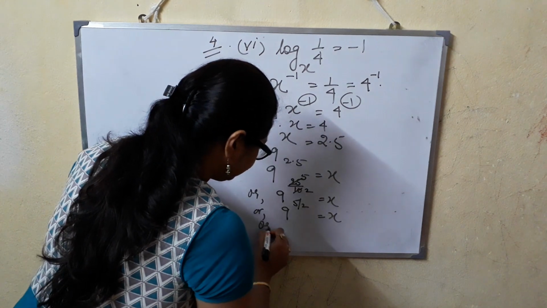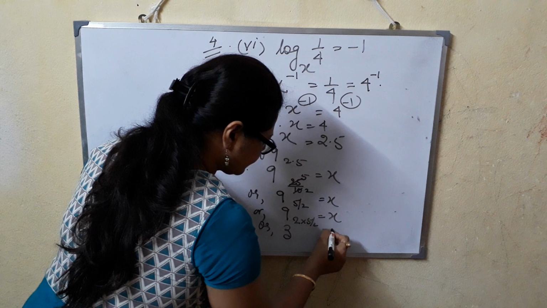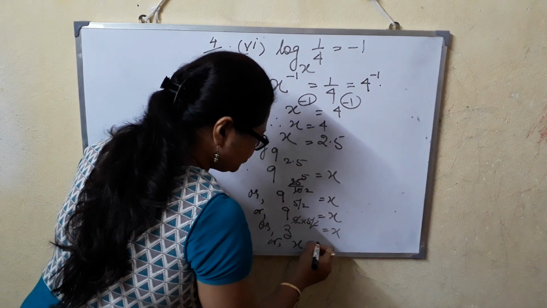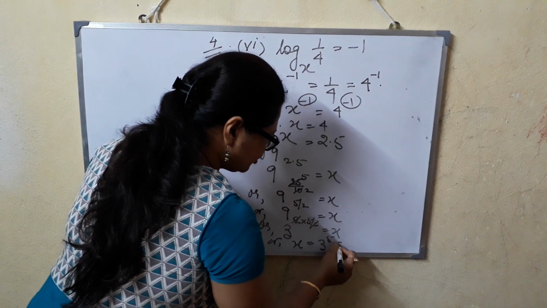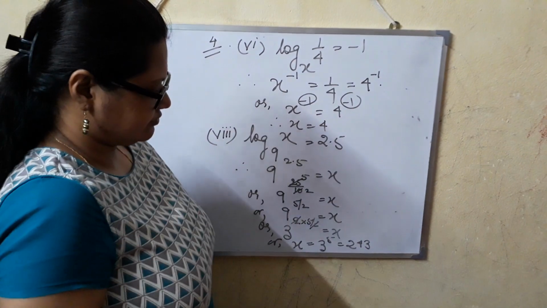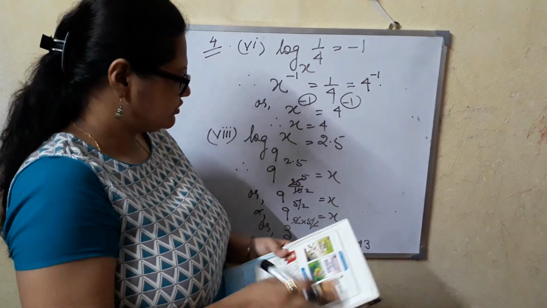Now 9 can be written as 3 square. So what do I have? X is equal to 3 to the power of 5, which is 243. Clear? Okay. So let's move on to the next sum.